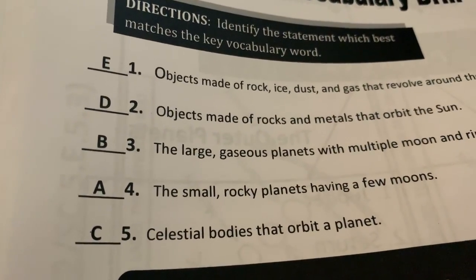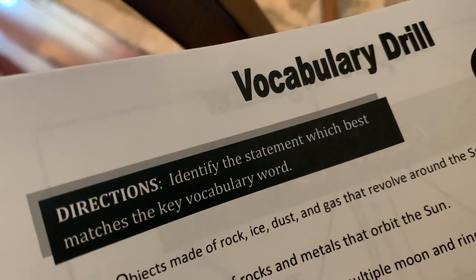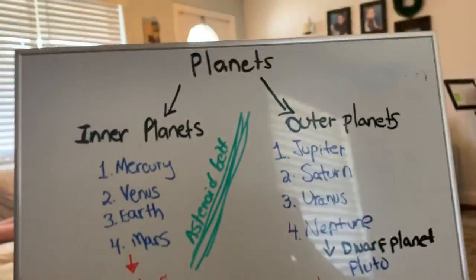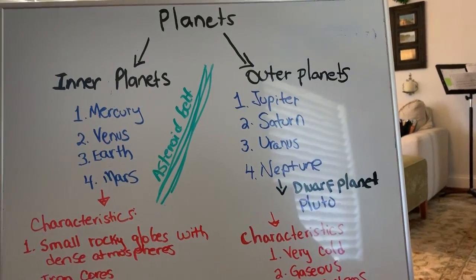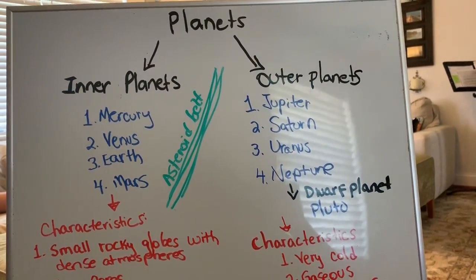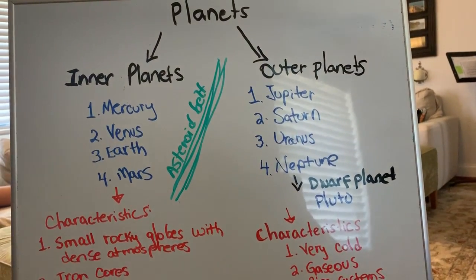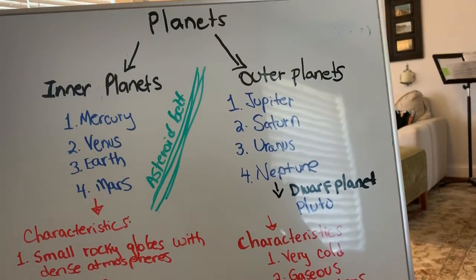And we do have one in our Earth, and that's going to be your moon. Okay? So we know then that our solar system is made up of the sun, 9 planets, including Earth, their moons, asteroids, and comets.